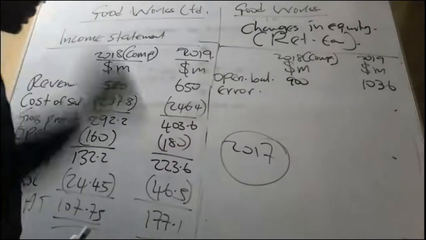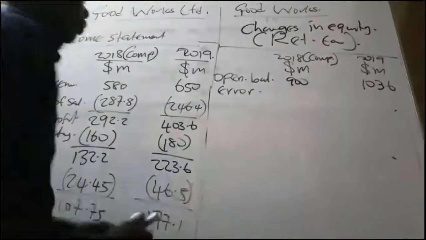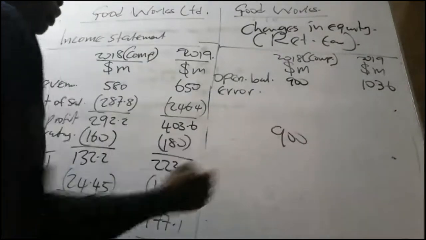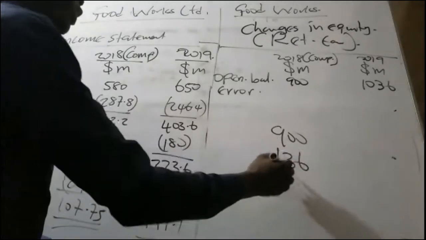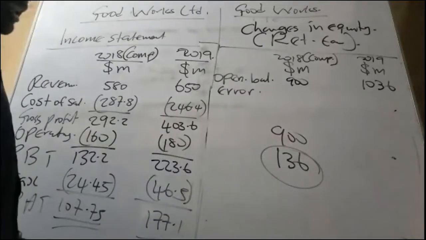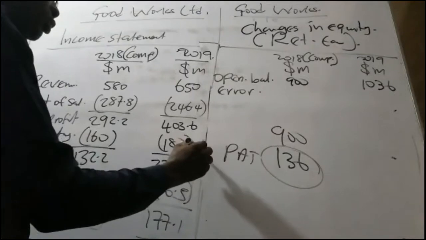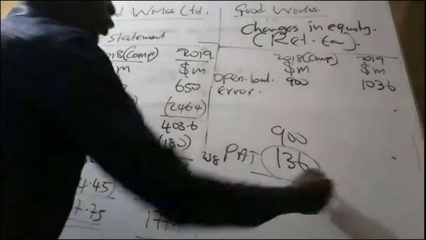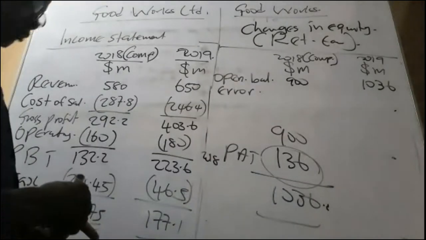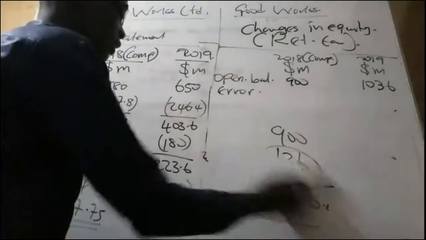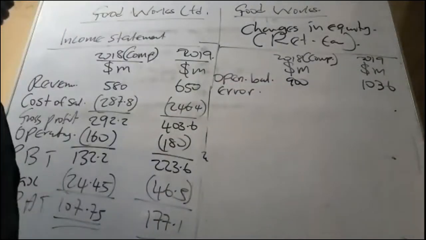How do you arrive at this figure? We pick the opening balance, which is mistake free, and add the 136 to it, which contains the error, because this is the profit for 2018. So the error is at this section. So let's correct it.